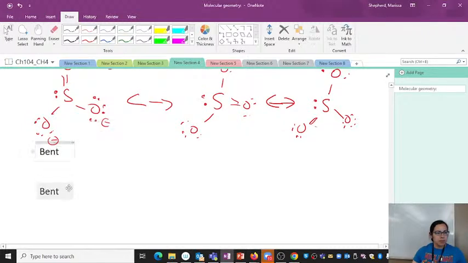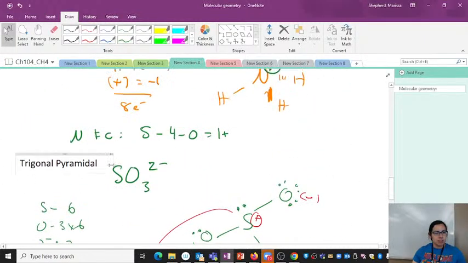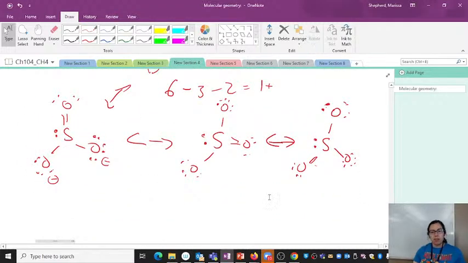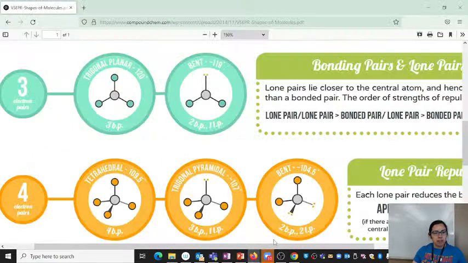But yes, it is trigonal pyramidal, and you can see that it fits. Again, central atom with 3 bonding pairs and 1 lone pair. And so that puts us back in our trigonal pyramidal geometry.